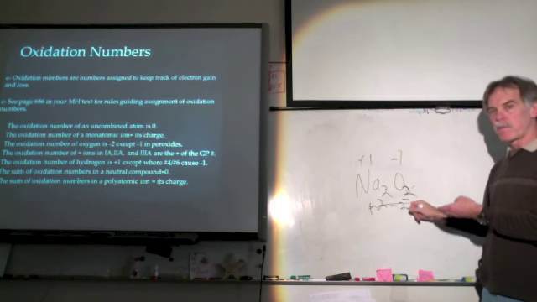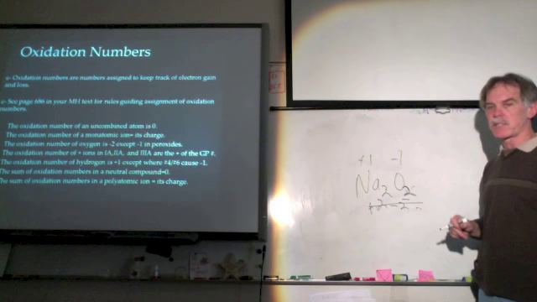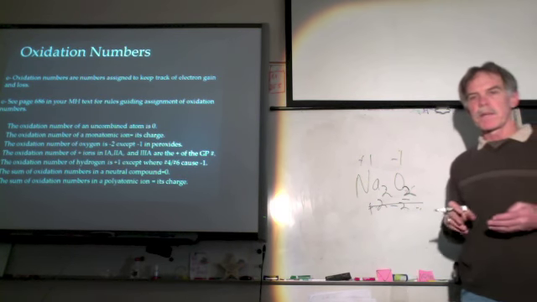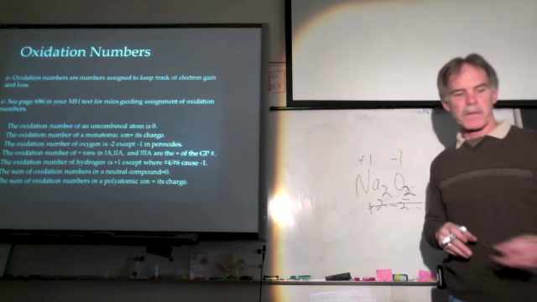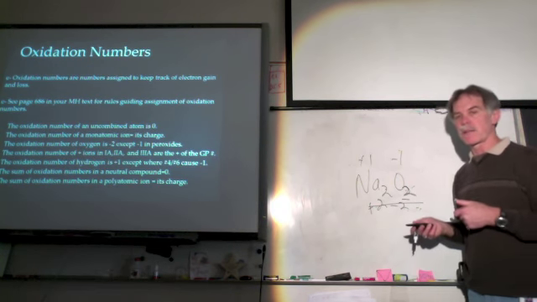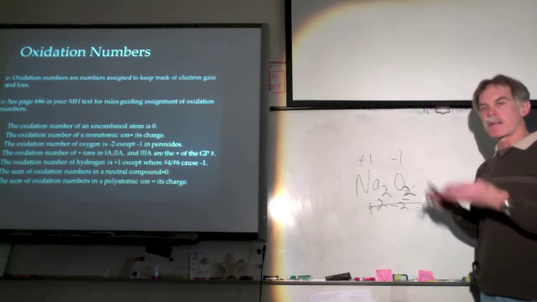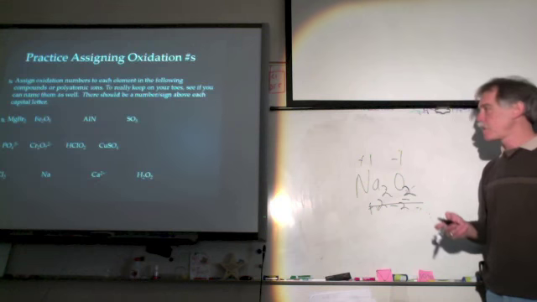Plus 2 minus 2 equals 0. So those are our oxidation numbers. When oxygen is in a peroxide, its oxidation number is minus 1. And we'll know that. I'll only give you peroxides with 1A, 2A, and 3A. You'll know that because 1A, 2A, and 3A force it to be a -1.